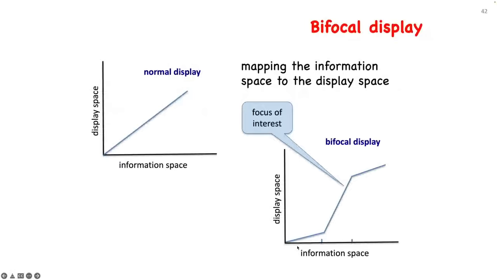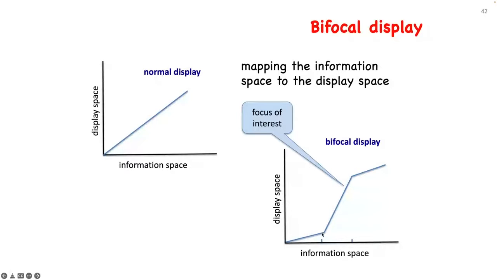So it says we've got an area of interest which we are magnifying. So a small area of the information space occupies a lot more of the display space. Okay, and we are keeping the connection because it's linear. It's a piecewise division.